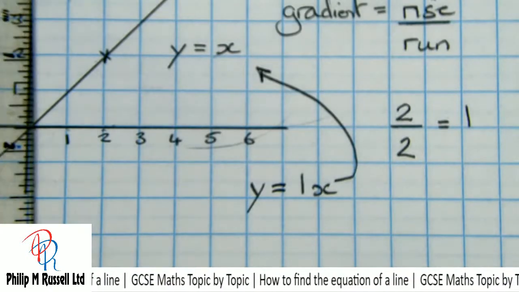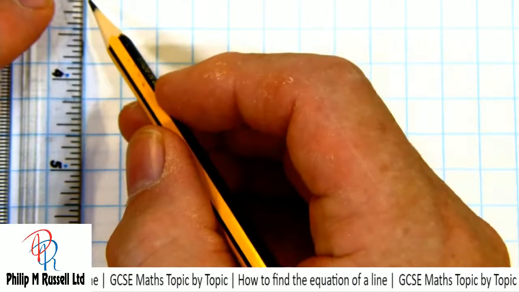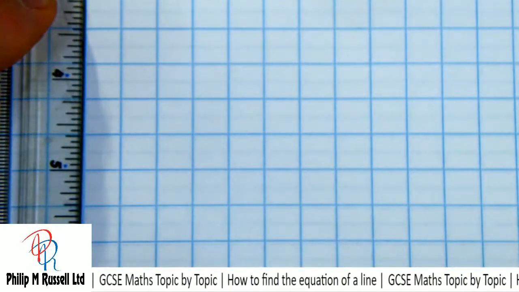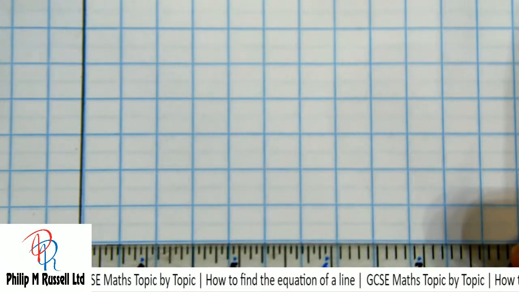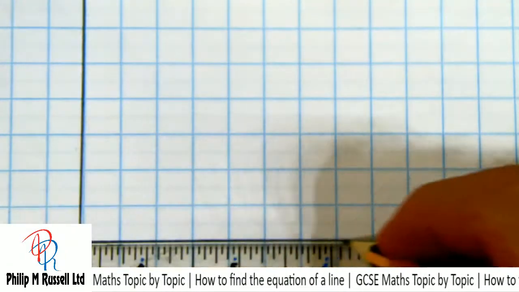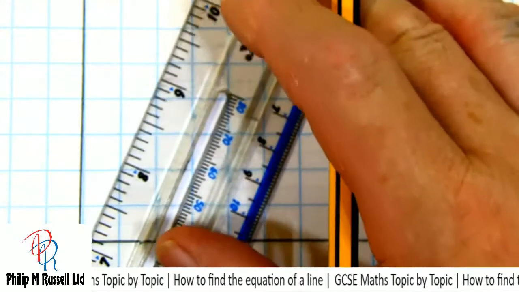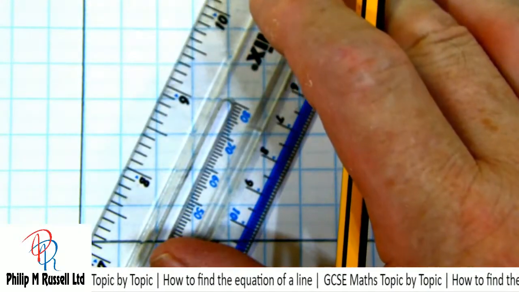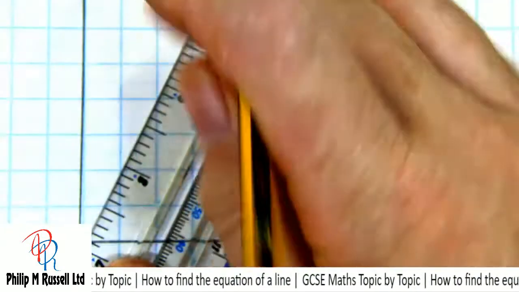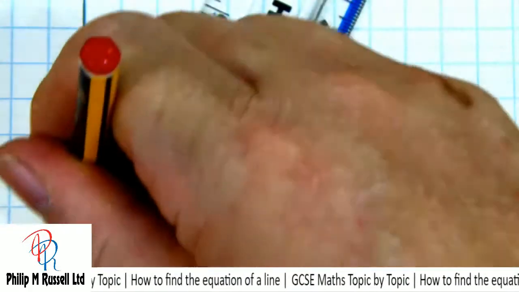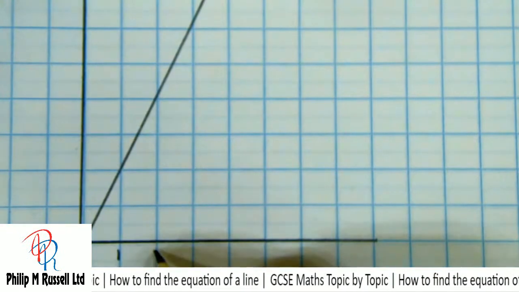Let's have a go at another one. So we'll draw in another graph, but this time I'm going to draw in a line with a different gradient. Let's put in our numbers again.